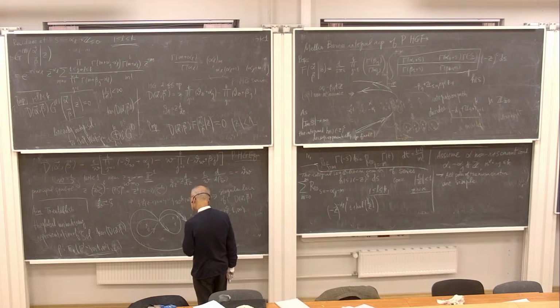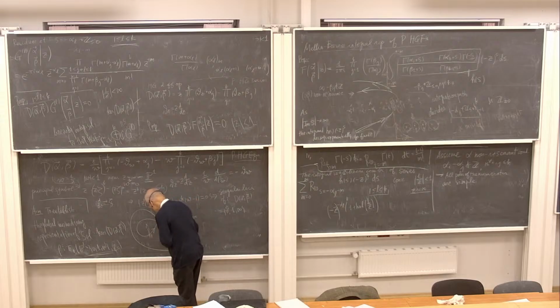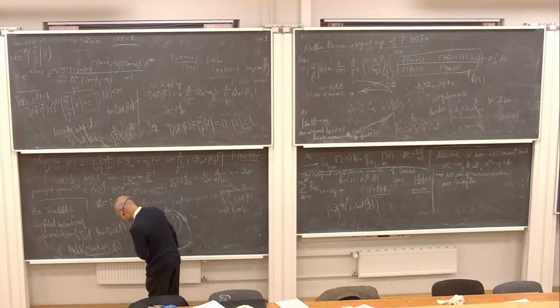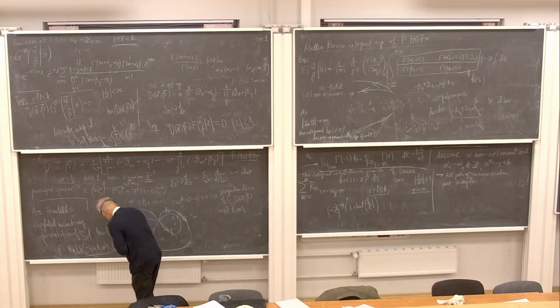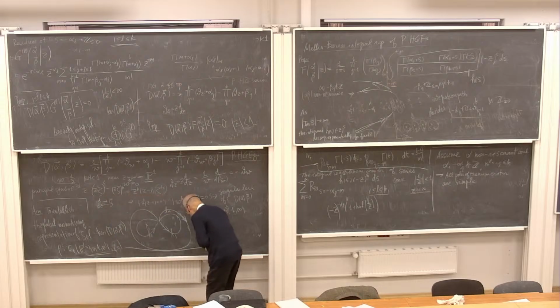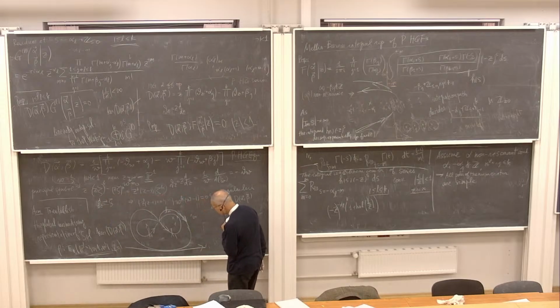These are the loops, L0. And we consider a group homomorphism into GL_k(C).